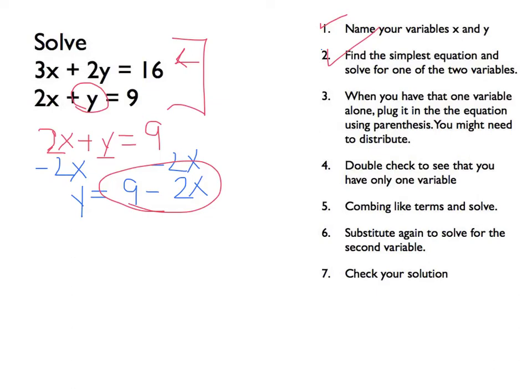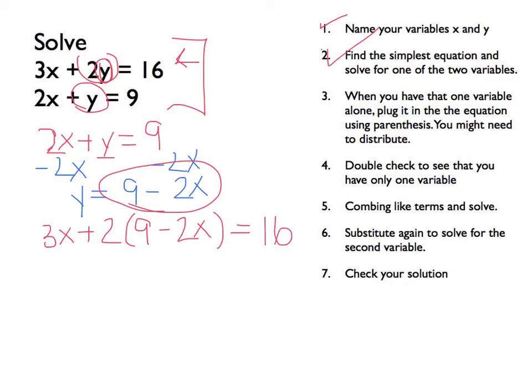I know I have the 3x plus 2y. Oops, but we're not going to use that y. We're going to substitute it. So it's going to be 2, and instead of y, we substitute that with 9 minus 2x. And we know that all of that is going to equal 16.